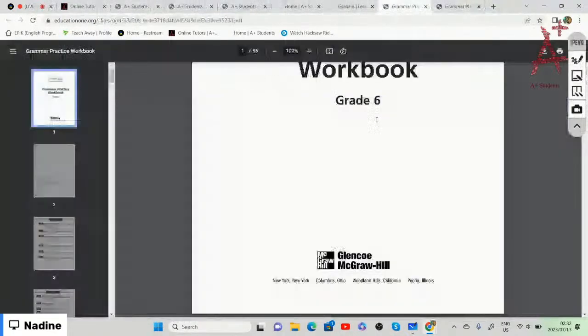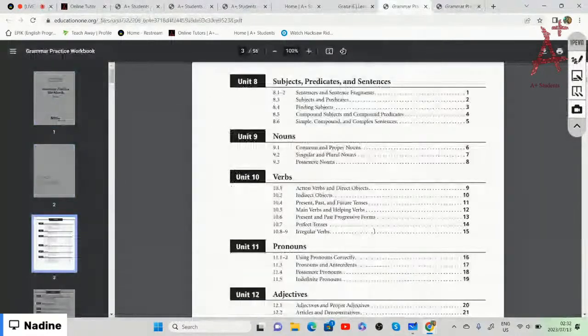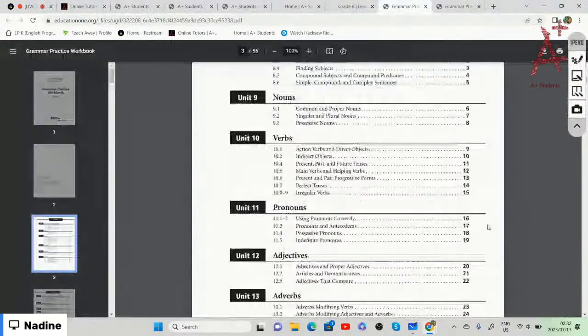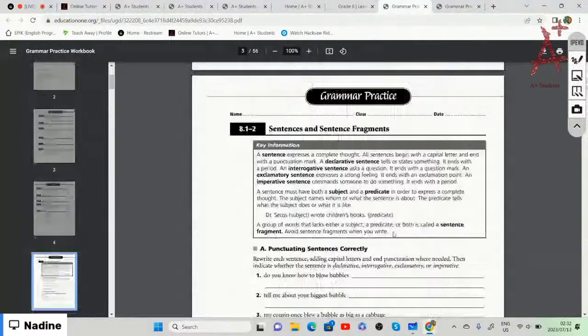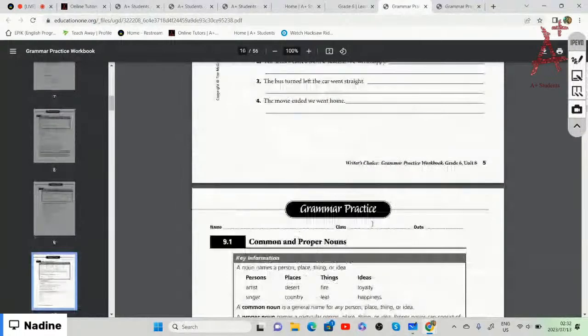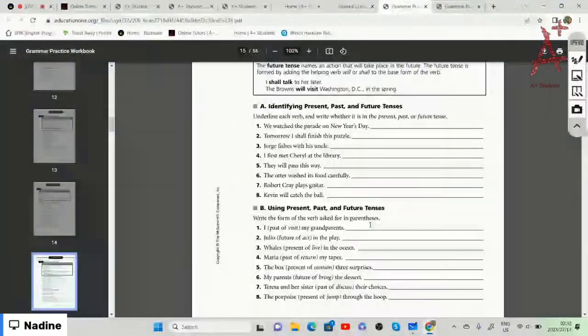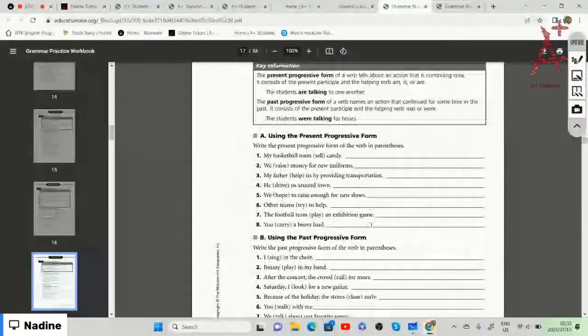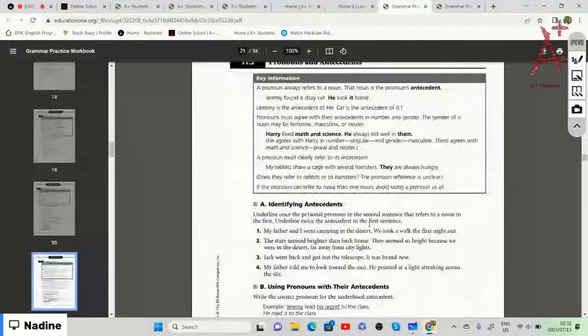In the grammar practice book, we are going to page 18.